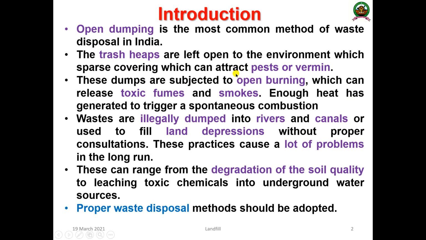This is how people dump waste: first they dump everything in a particular site, and once everything is dumped, they sometimes subject it to open burning, which creates toxic fumes and smoke. Enough heat is generated to trigger spontaneous combustion, and it causes a lot of environmental issues.